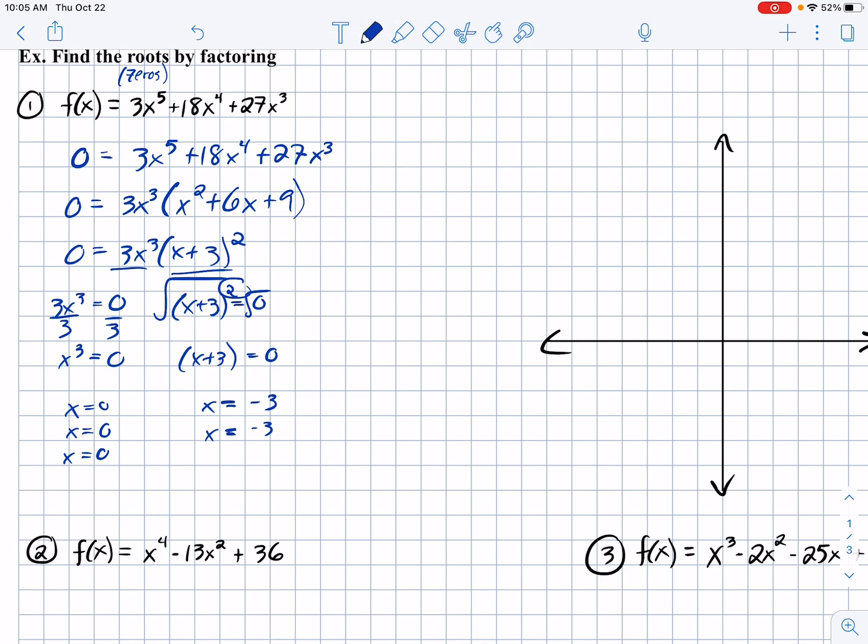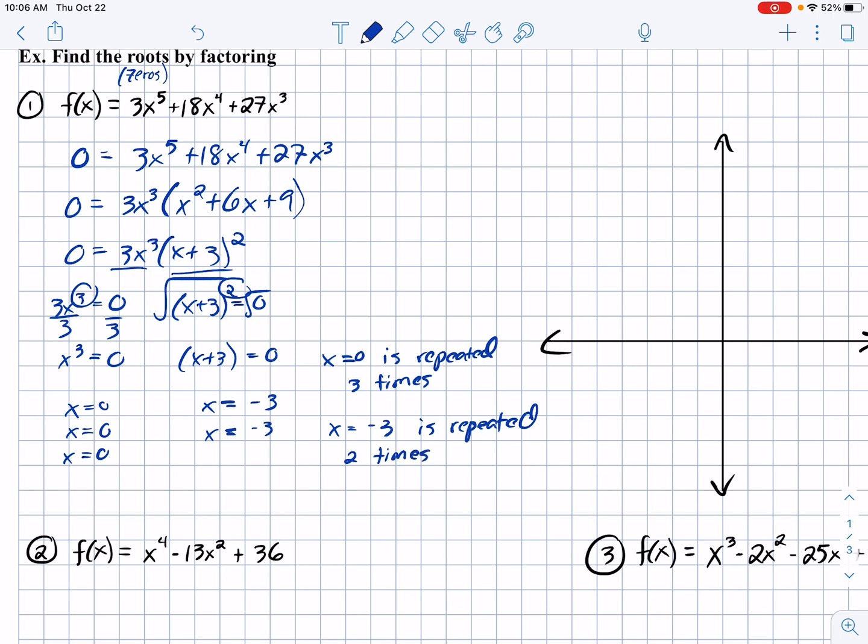x equals 0 is repeated 3 times because that's to a power of 3. And x equals negative 3 is repeated 2 times as a root. Okay?